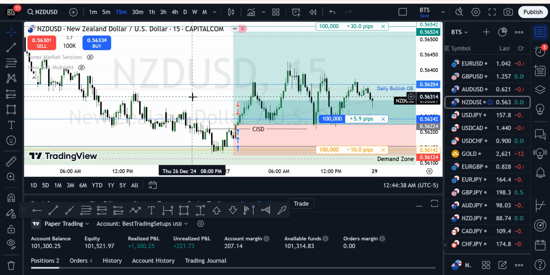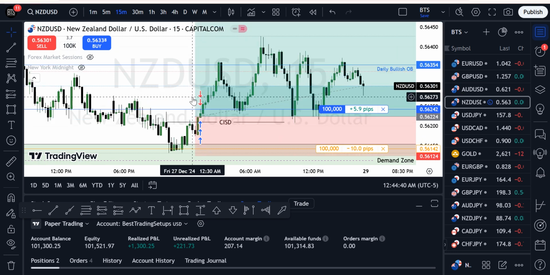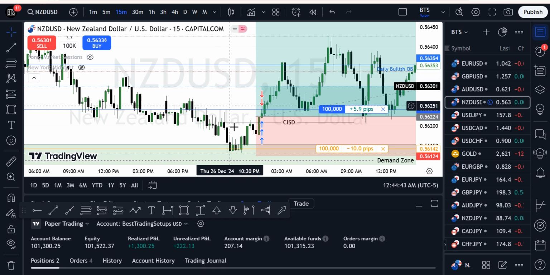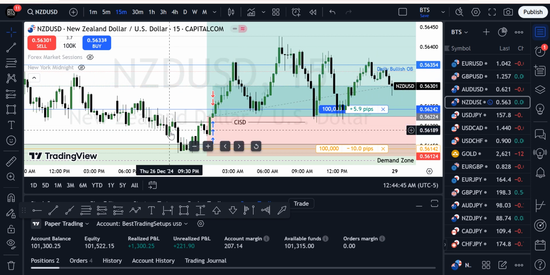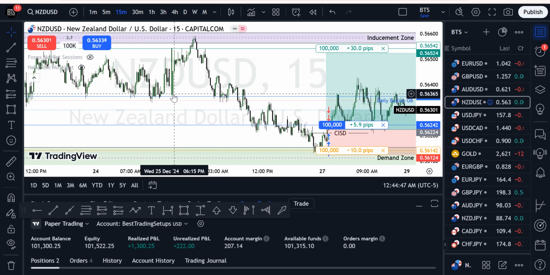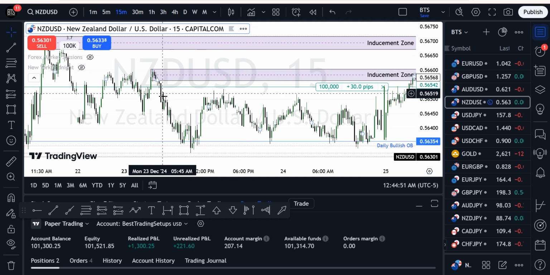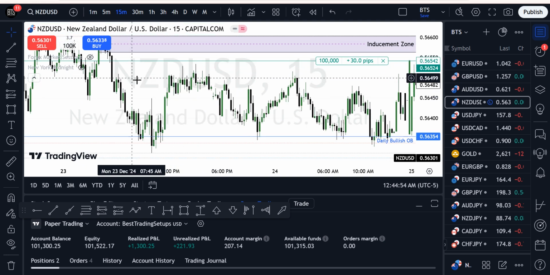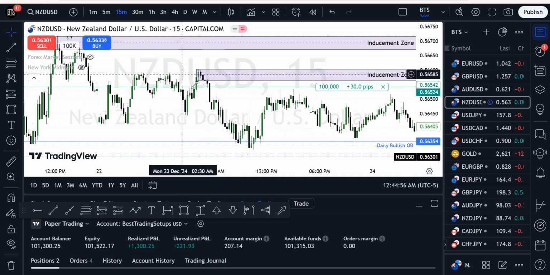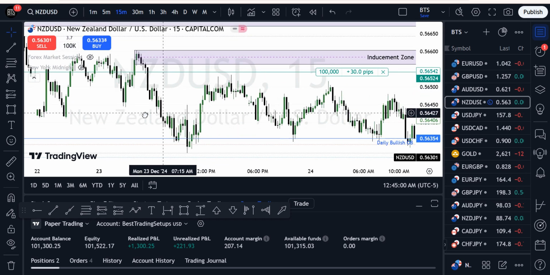So one of the things I imply is when price gets to your POI, which is a demand level or supply level. For example, right around here, we saw price created this swing high which swept these relative equal highs, right?